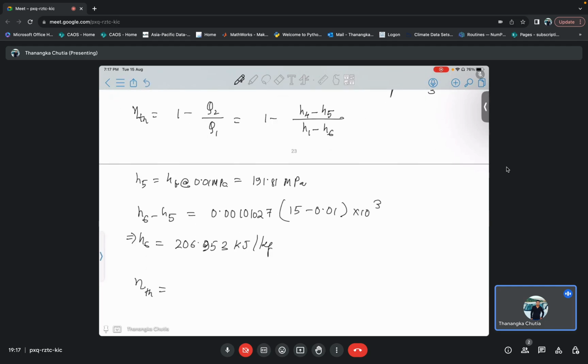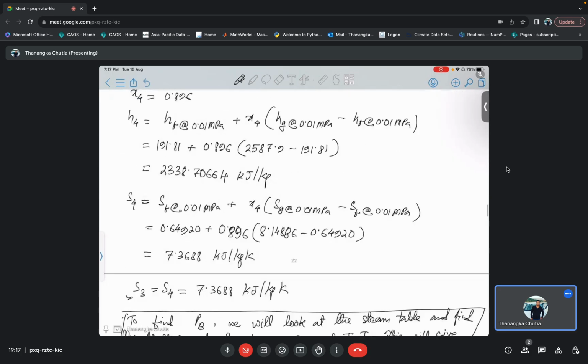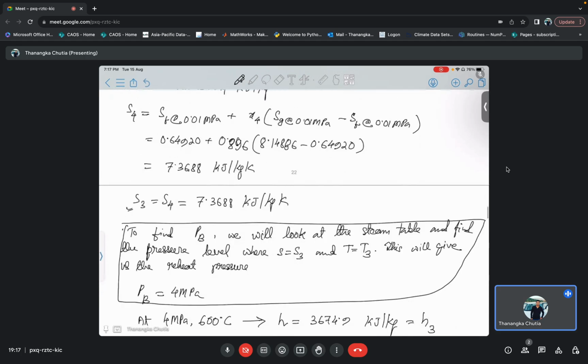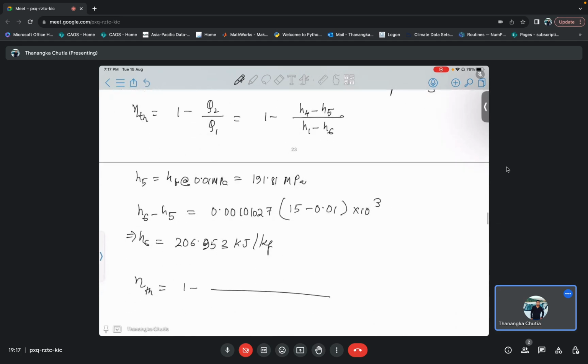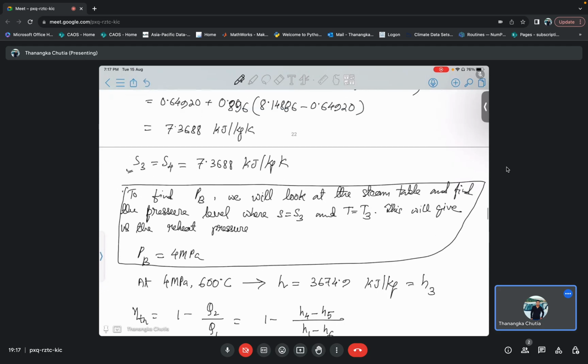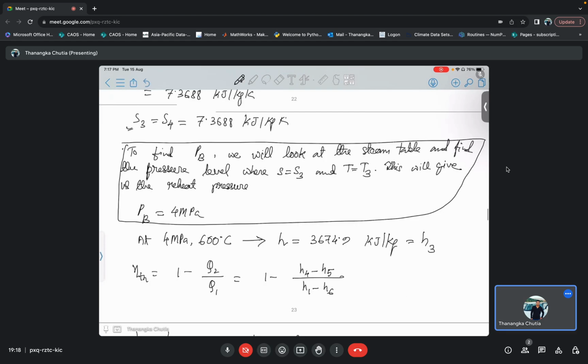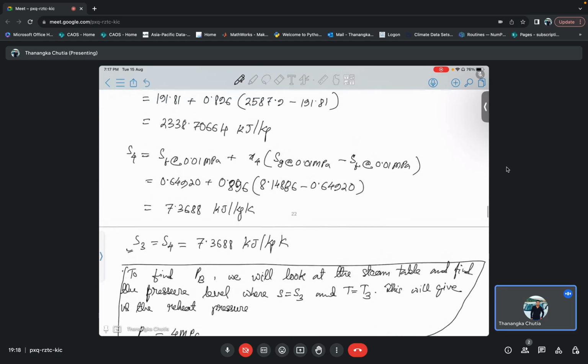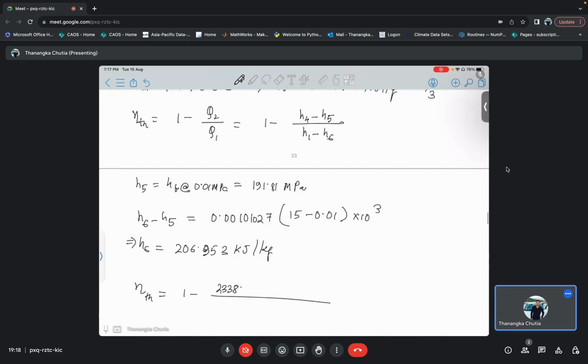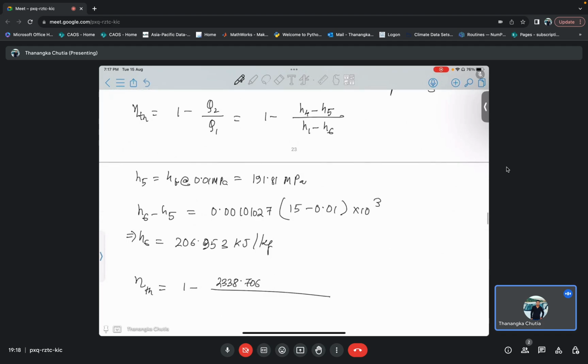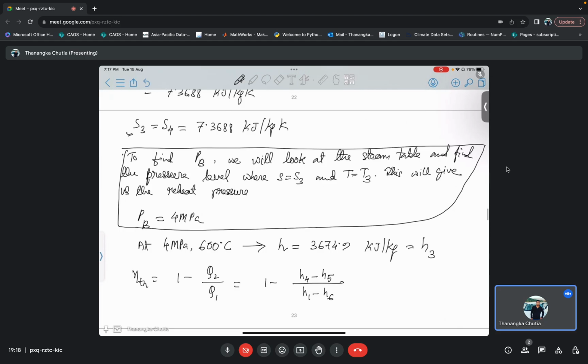So eta thermal will be 1 minus H4, which is 2338.70664, minus H5, 191.81, divided by H1 minus H6.